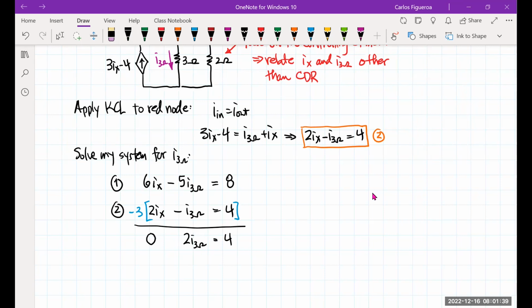I made an error earlier with a sign, but this gives me minus 4. So I3 ohm is going to be positive 2 amps.